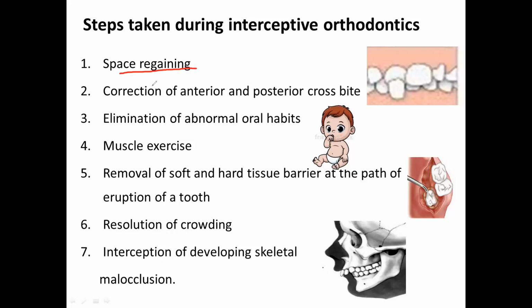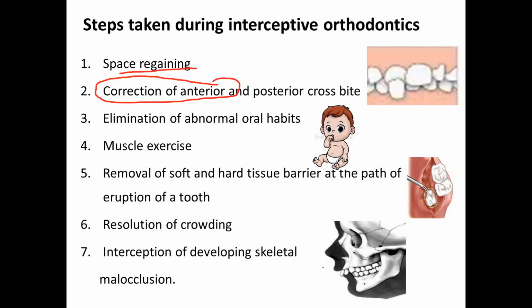Number two, in interceptive orthodontics, we need to correct anterior or posterior crossbite. As we know, in normal dentition the upper and lower teeth are arranged in a way that the upper teeth are normally ahead of the lower teeth.